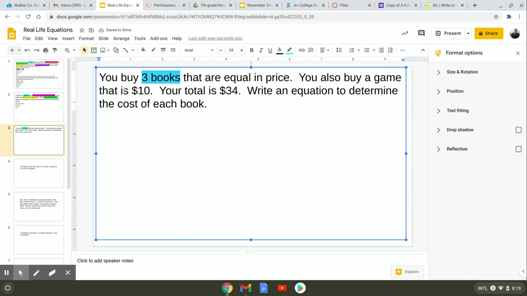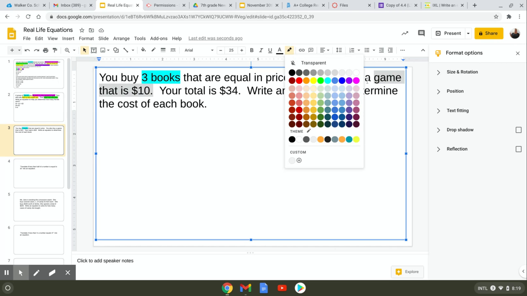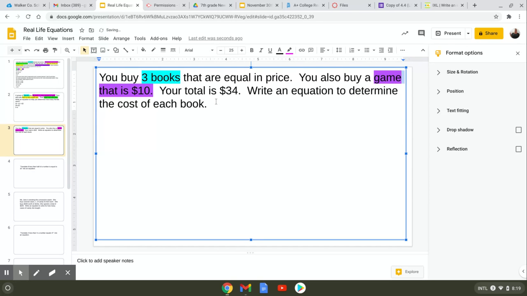We also know we bought a game. And our game was $10. And we know that our total is 34. So write an equation to determine the cost of the book. So I want you to pause the video right now and try to write the equation.